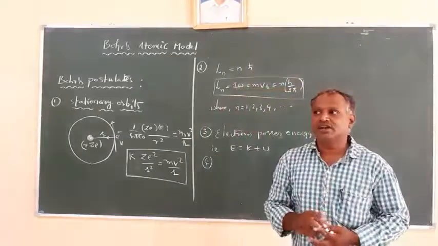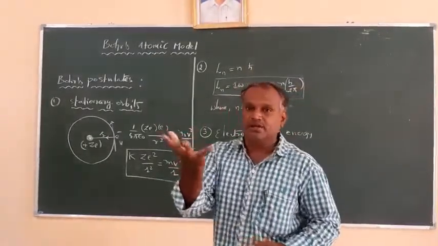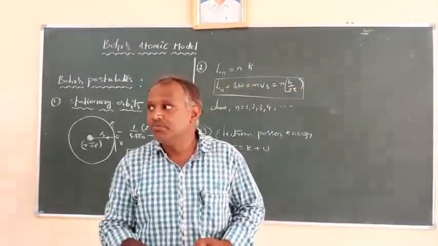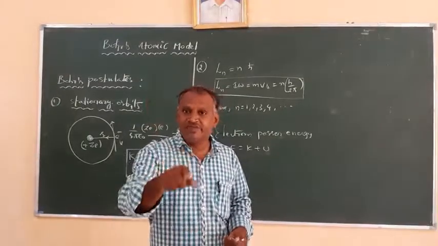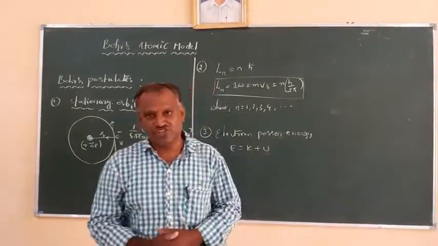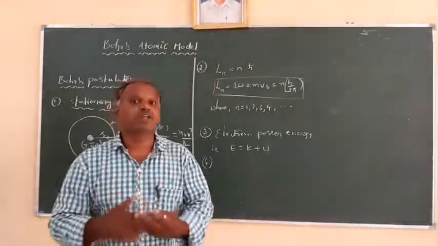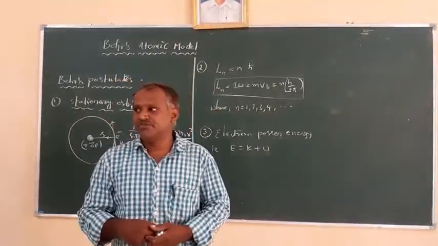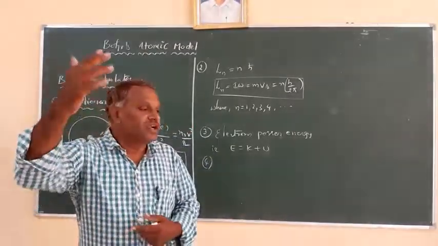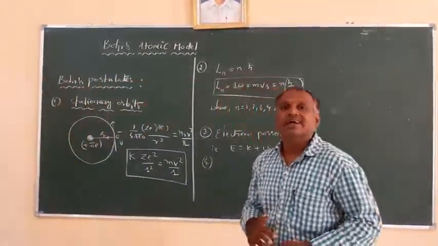Energy is emitted or absorbed by the atom only when electrons make transitions. When moving from lower energy to higher energy, it is absorbed. When moving from higher energy to lower energy, it is radiated.